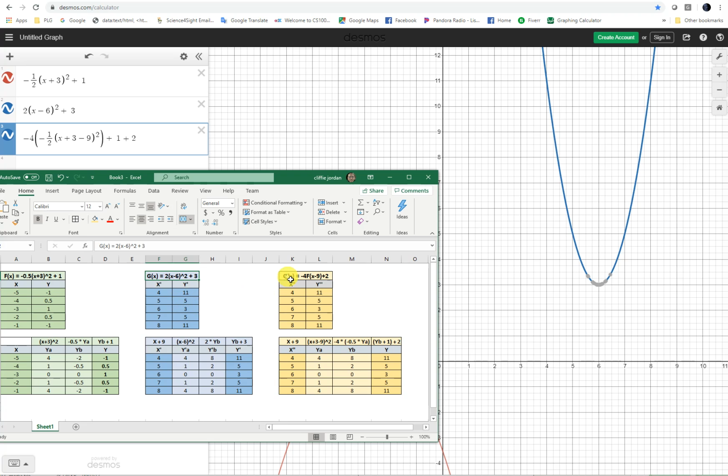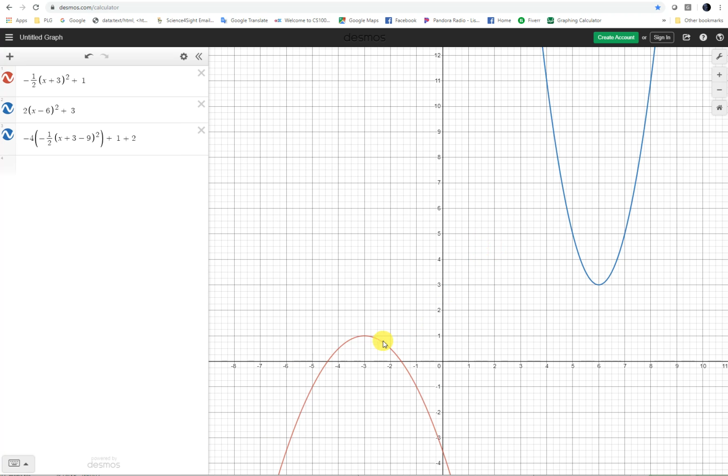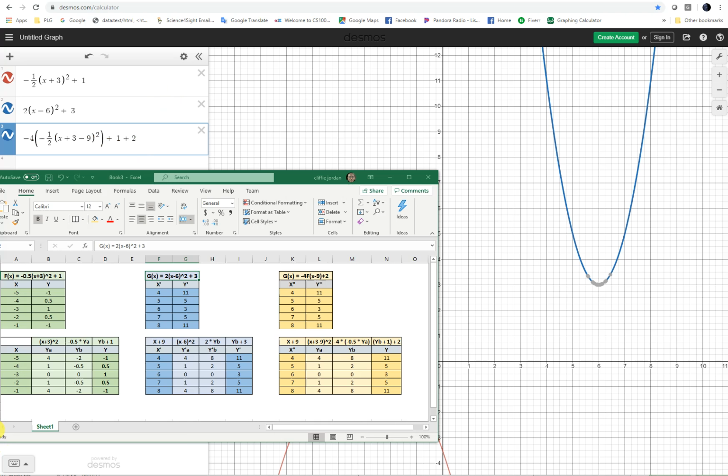In short, g of x: taking this formula and transforming it to this formula, this is the new formula, this is the old formula. To go from here to here, I undergo a translation, and this is the translation, and the format of how we write that translation is: I subtract 9 from the original f of x.